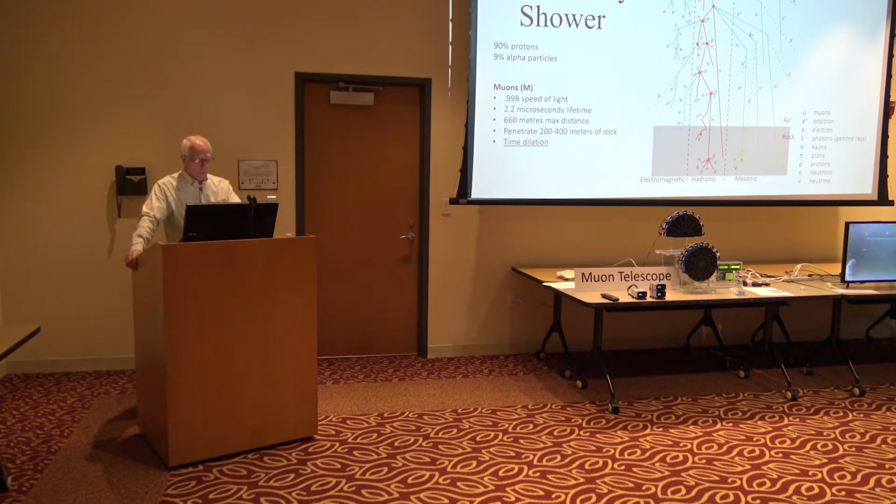Now, when it's formed, as a collision with something else along the way, it's traveling at 99.8% the speed of light. Its lifetime, I don't know how they do it, but it's 2.2 microseconds. And in that time, it can only travel about 660 meters, and then it disintegrates.